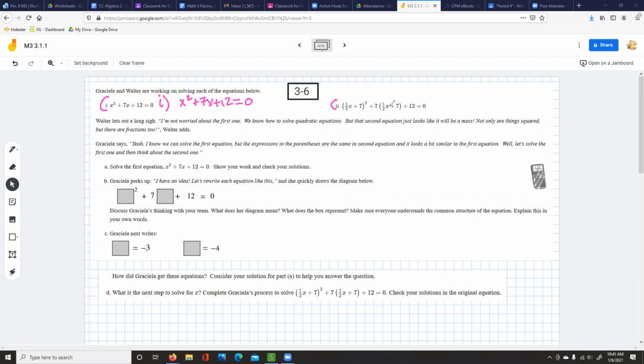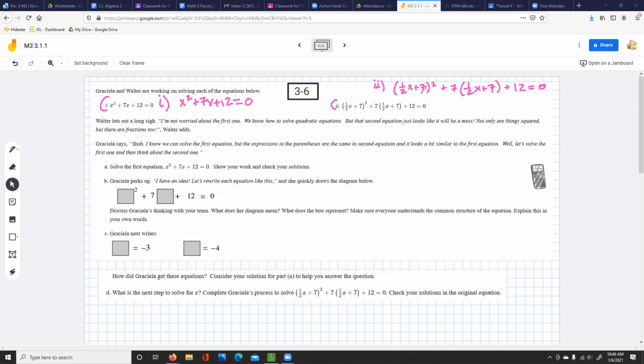Well, notice that these are the same, and we can use U substitution for them, right? So let's write the problem. It is 1/2 x plus 7 squared plus 7 times 1/2 x plus 7 plus 12 equals 0. Okay.